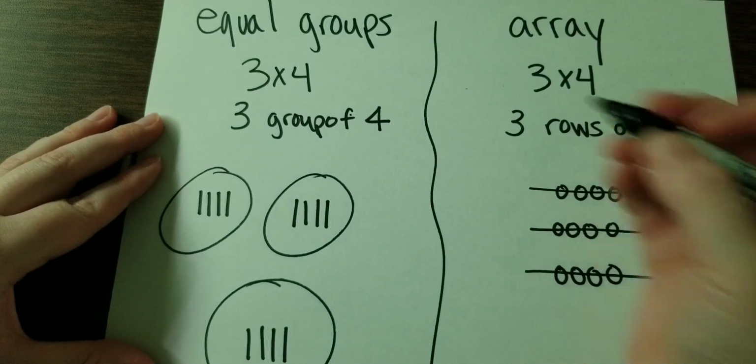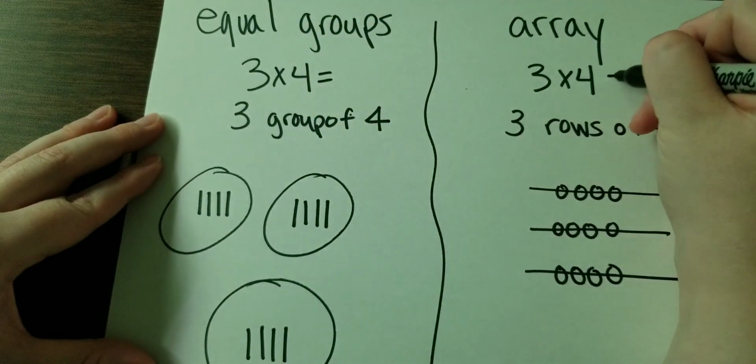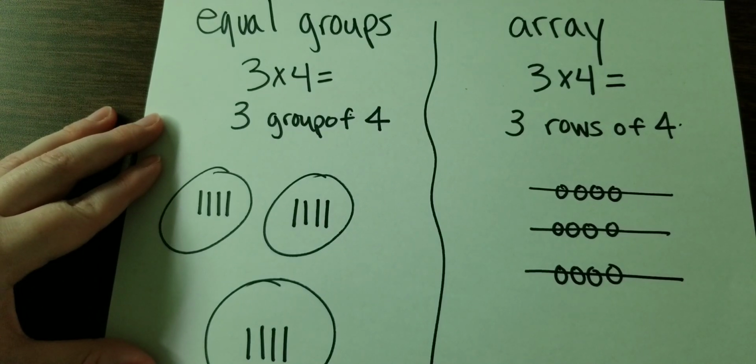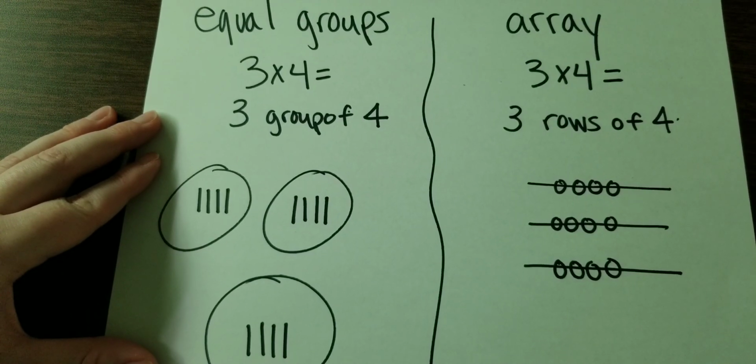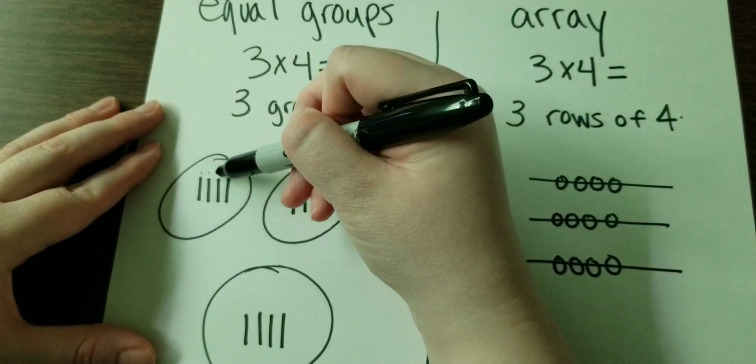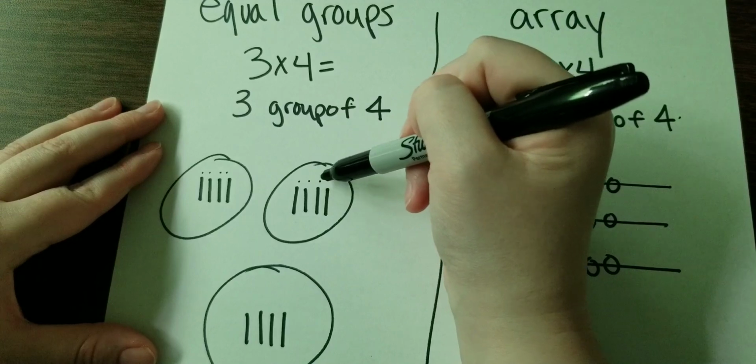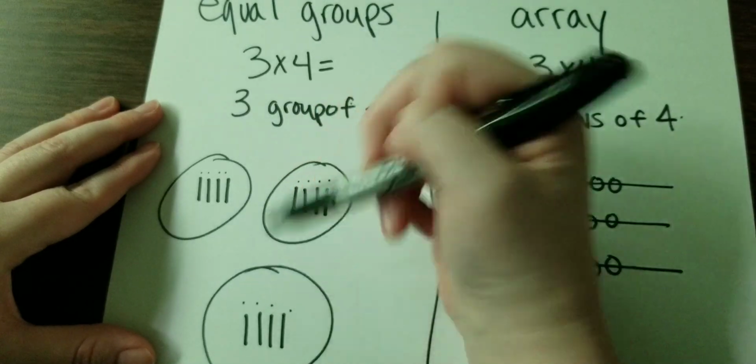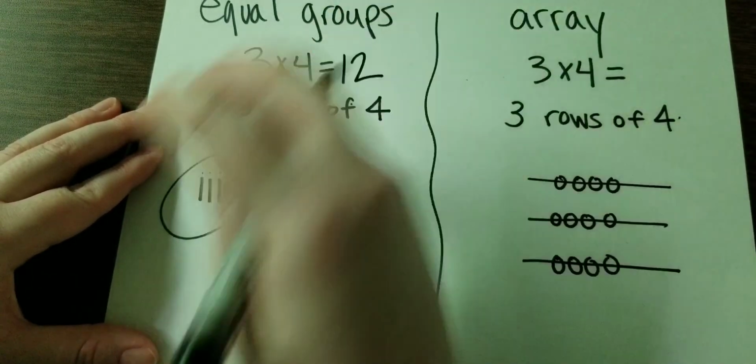Now, let's see if I can use an equal group and an array to solve the same multiplication fact. Do you think that these two pictures will help me both solve 3 times 4? Well, let's count. I can count them individually. 1, 2, 3, 4, 5, 6, 7, 8, 9, 10, 11, 12. 3 times 4 is 12.